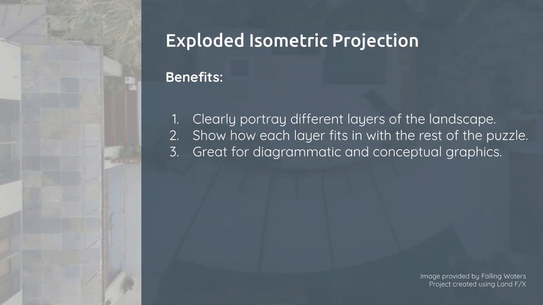One being that you can clearly portray different layers of the landscape and pull them apart so that you can see how they are as an isolated isometric drawing, but then also how they fit together almost like a puzzle, and the relationship between those different elements. And it's really good for both diagrammatical and conceptual graphics.